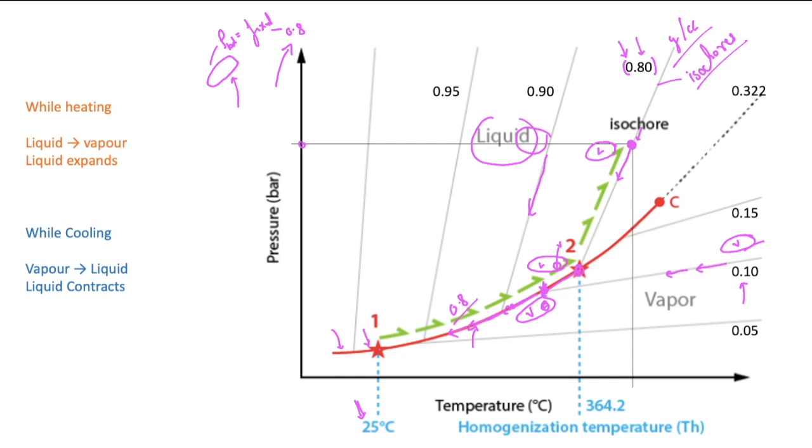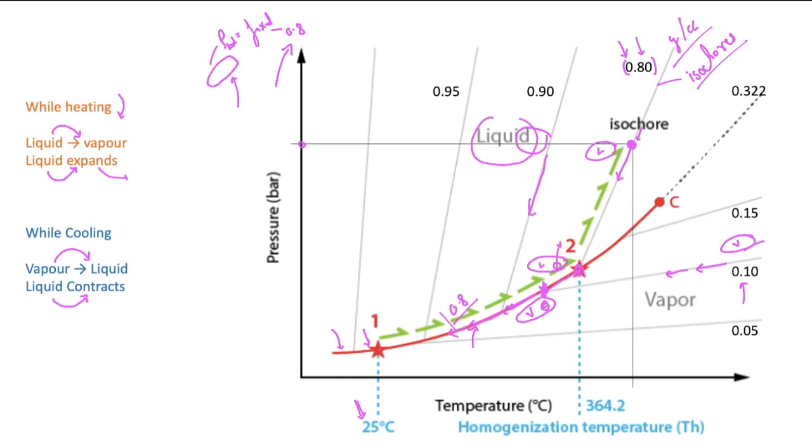Now whenever we are heating something, liquid will convert into vapor, but also the liquid will expand. And when we are cooling, vapor will convert into liquid and the liquid will also contract. Liquid expanding will always be countered by liquid converting into vapor.